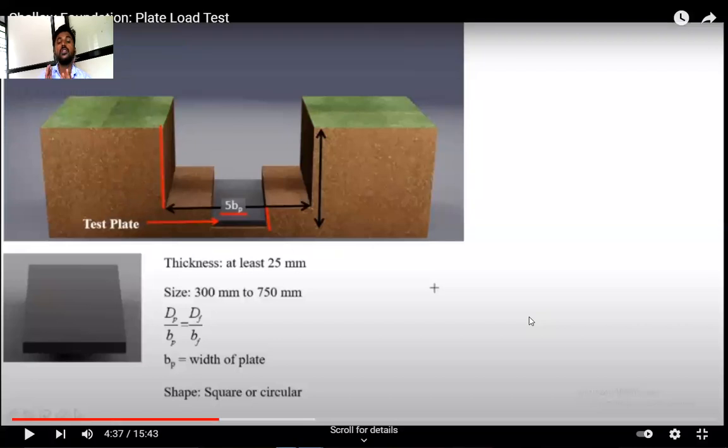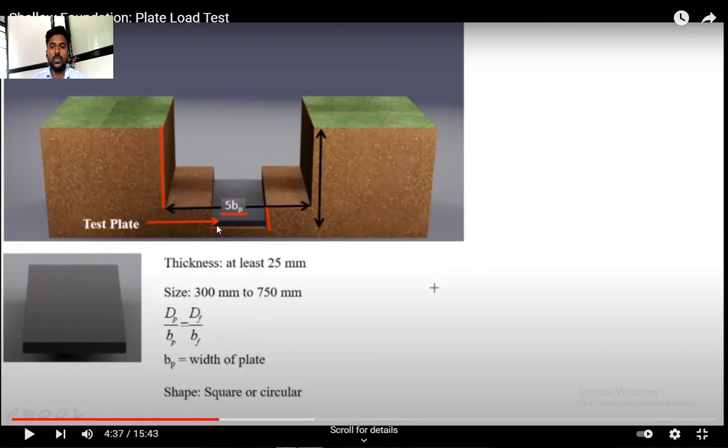And generally the depth of the plate to the width of the plate, that ratio should be equal to the foundation depth to the foundation width. See here, they have shown by the formula dP by BP should be equal to dF by BF. At least it should be near about the same.